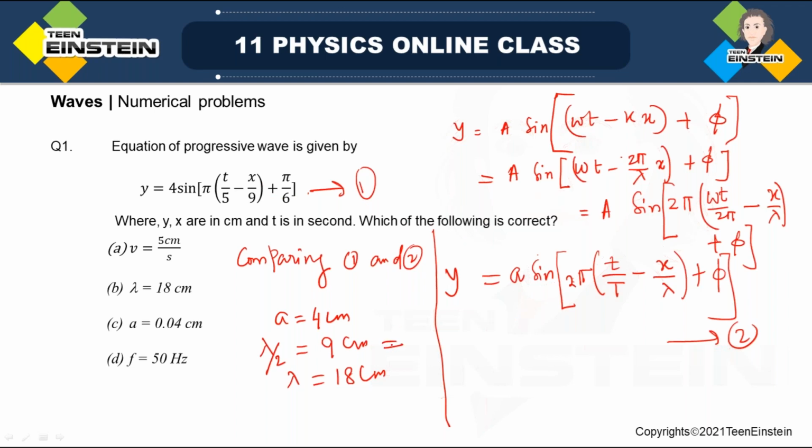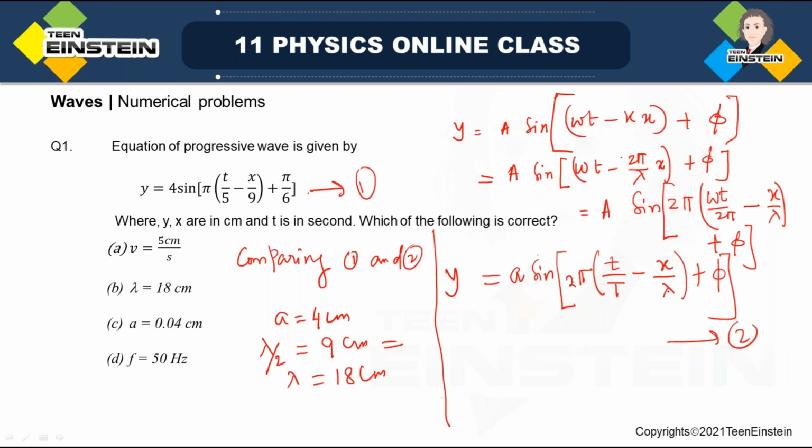If you have some doubts, you just look closely. See here 2 pi is here, but in the main equation given here it is pi. So you have to multiply by 2 so that you get only pi. Or you can do another thing.